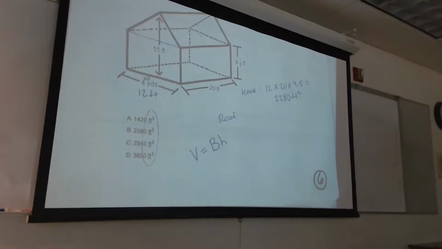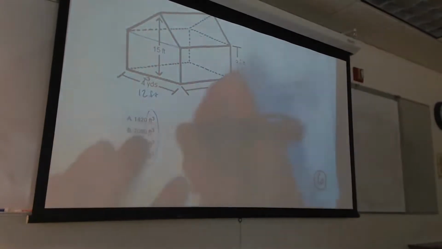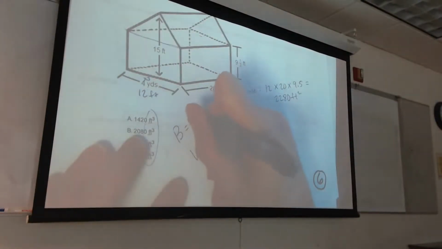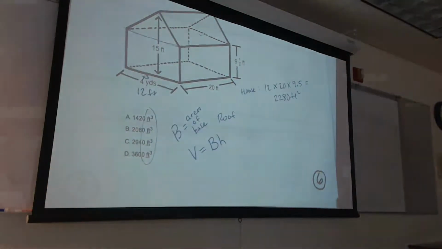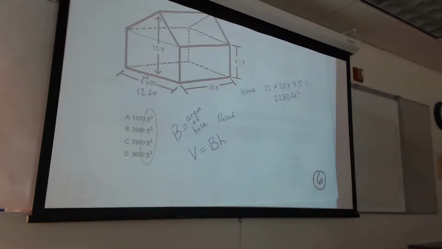The capital B means the area of the base. So what shape is the base in this particular triangular prism? Of the roof. The base, so think of it as the ends.